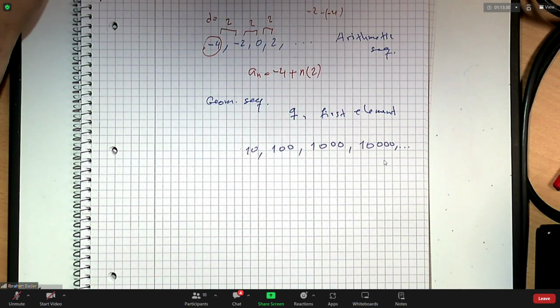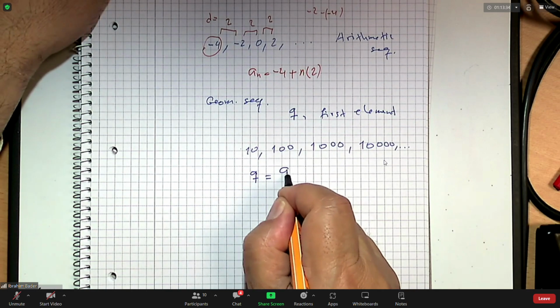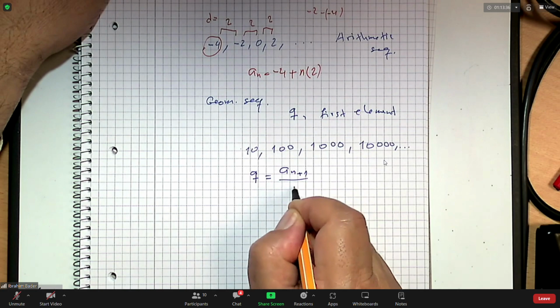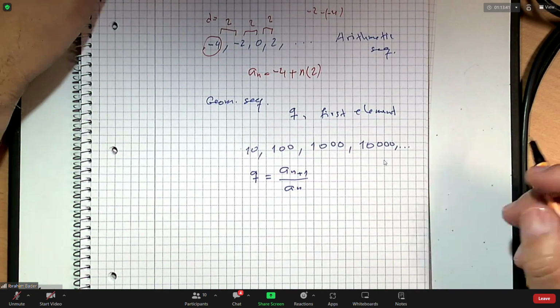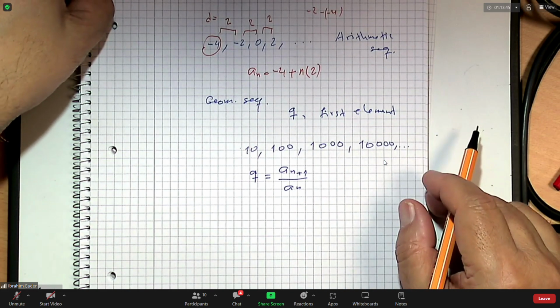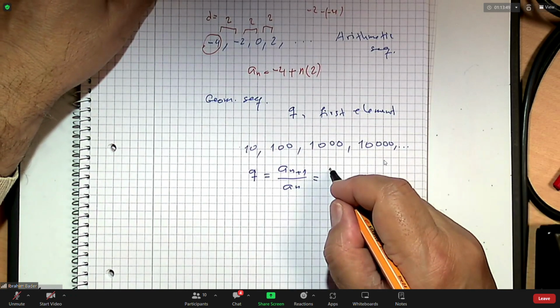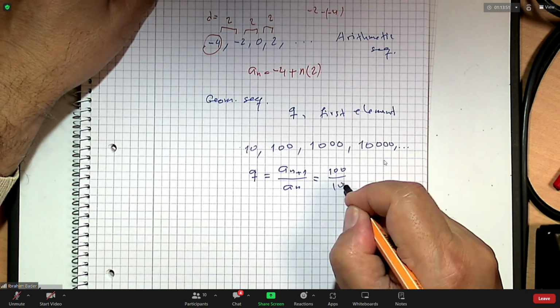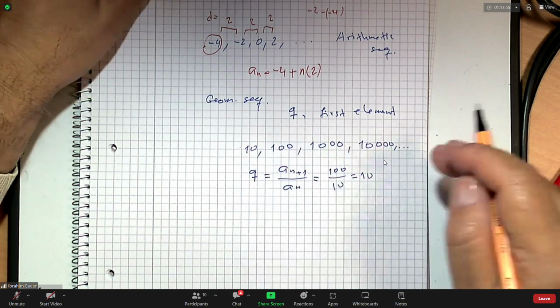Now, what is Q? Q for this sequence is AN plus 1 over AN, or you can say it's AN over AN minus 1. So it means it's the quotient of dividing two successive terms. Let's take the first terms here: 100 over 10 is 10, 1000 over 100 is 10, and so on.